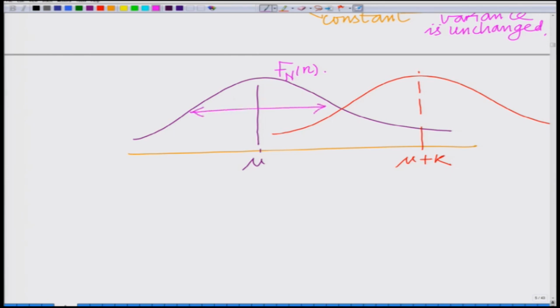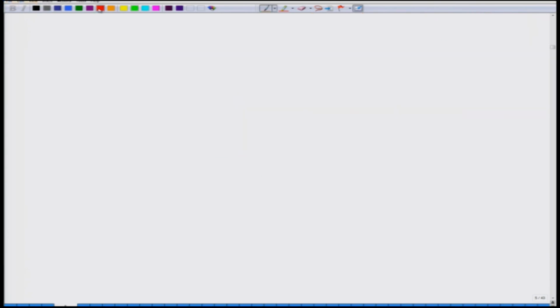So, the spread here is sigma square, and the spread here will also be sigma square, unchanged. Now, what is the relevance of this to our digital communication system problem? What we are seeing is something very interesting. Go back and look at R(T) equals either plus A root E_p plus n tilde, or minus A root E_p plus n tilde, which means n tilde shifted by A root E_p.